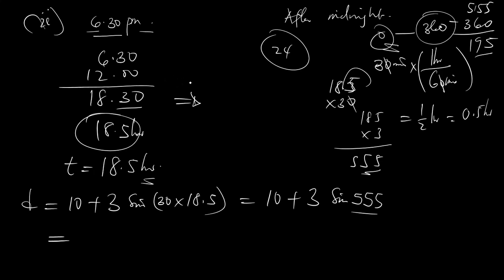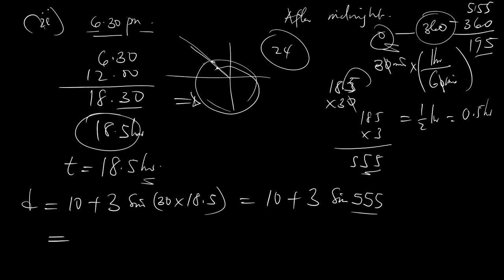Because 0 and 360 are the same. For instance, let's say the angle is at this point. If you move like this and come back to this place, you have moved 360 and you still come back to that same place.